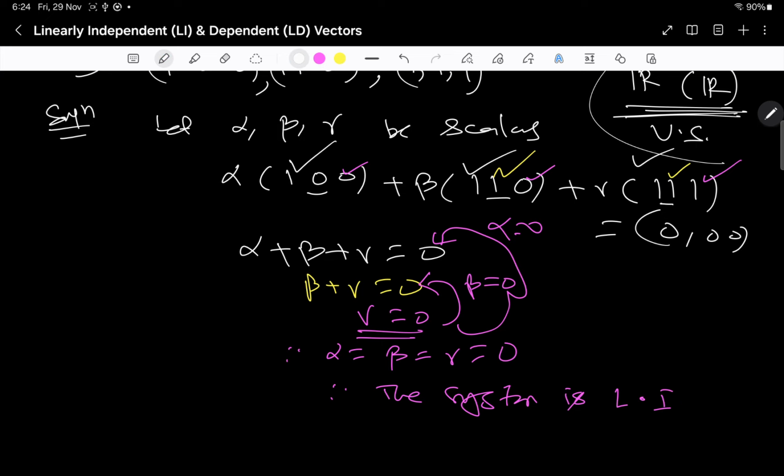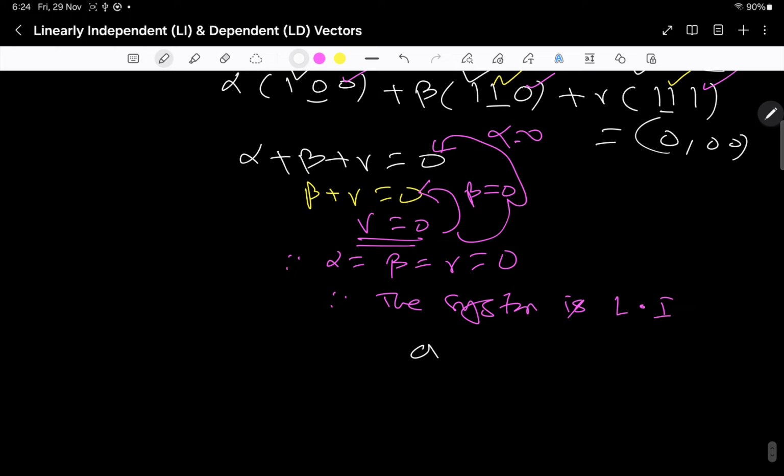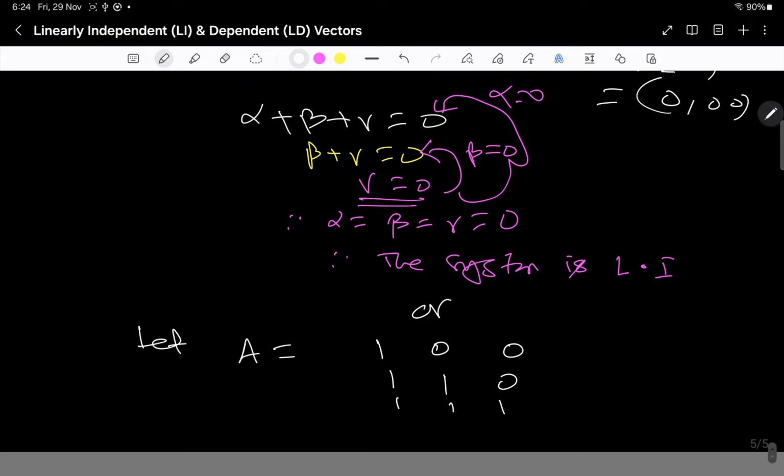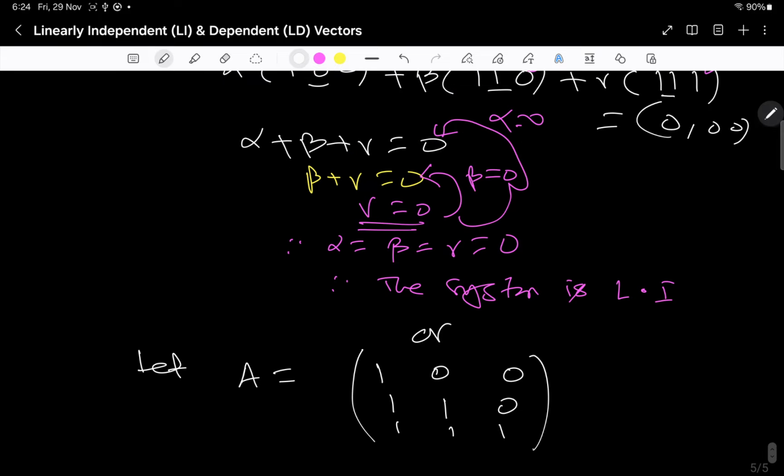Now if I adopt the alternative technique, I consider a matrix. Let A be the matrix with rows (1, 0, 0), (1, 1, 0) and (1, 1, 1). You see, this is a lower triangular matrix. What is the determinant of A? It is simply the product of the diagonal elements, which is 1, not equal to 0.